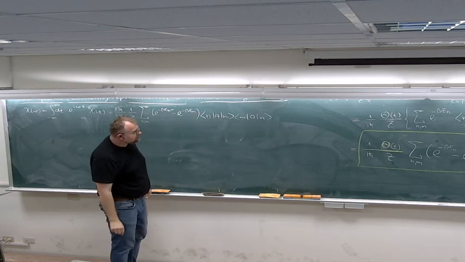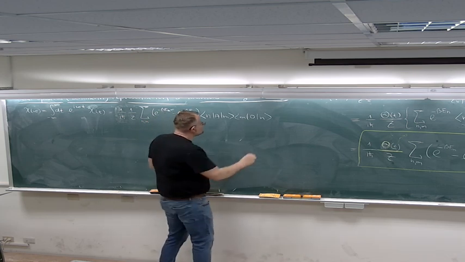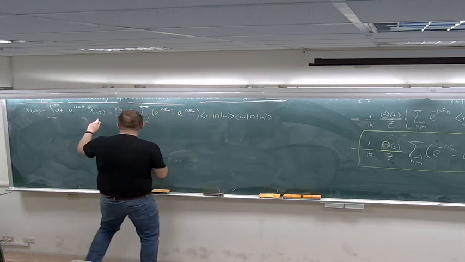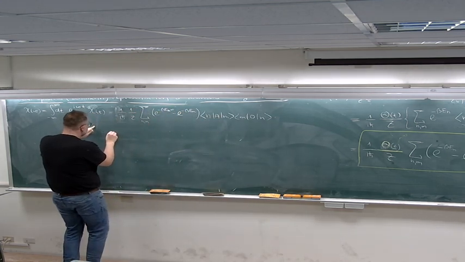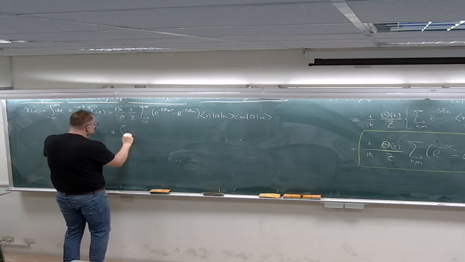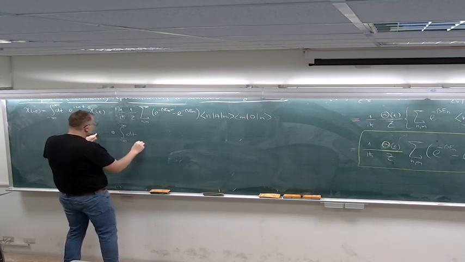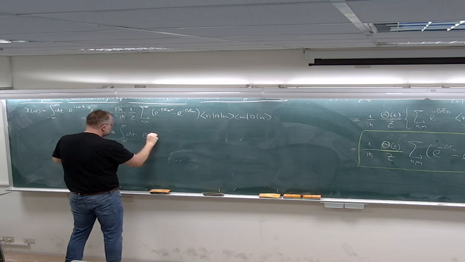And now comes the integral, which you need to evaluate. I will just write it here. This is the integral from minus infinity to infinity dt, and then we have the theta function of t, right?